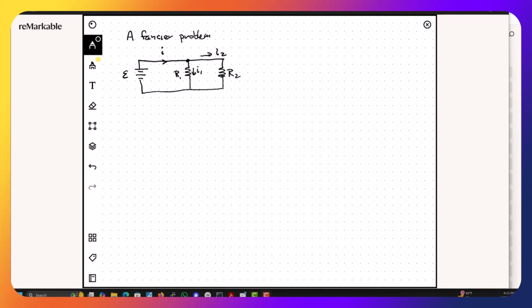Okay. So I'm going to have to identify a couple loops, and I'll use the junction rule. So there are 3 unknowns: I, I1, I2. So we're going to need some combination of loops and junction rules, but we're going to need 3 conditions.